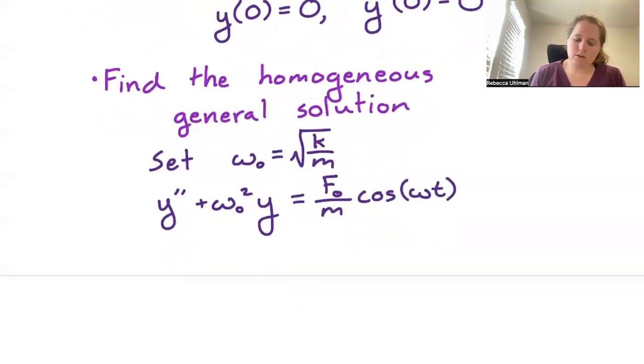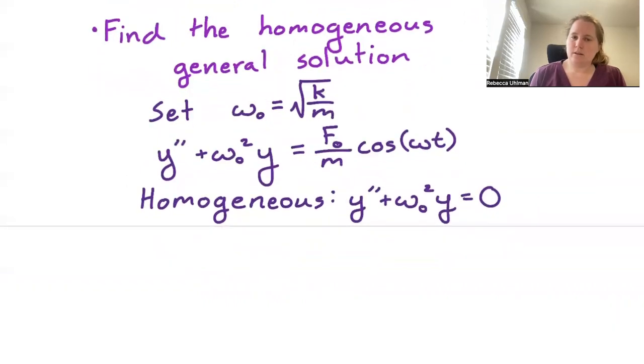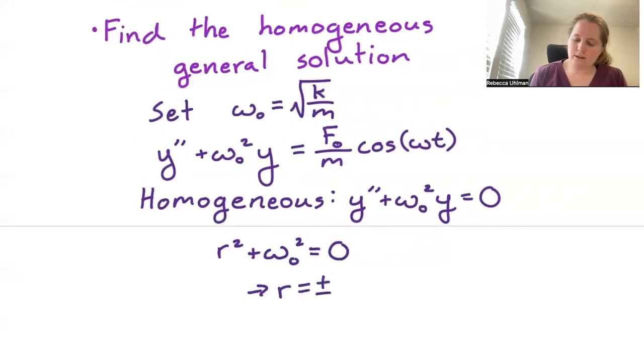For the homogeneous equation, the right-hand side is just 0. So we're looking at y double prime plus omega naught squared times y equals 0. This has characteristic equation r squared plus omega naught squared is equal to 0. So we get, once again, r is plus or minus i times omega naught.